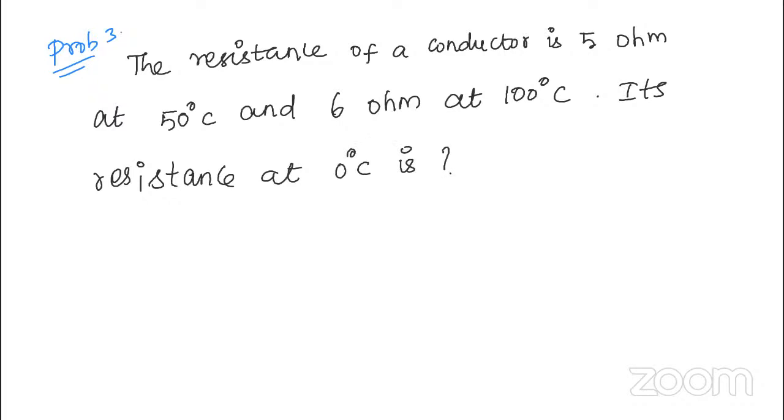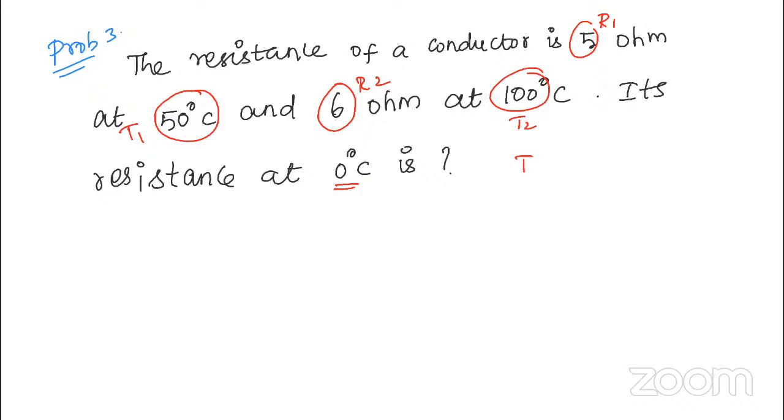So in that problem, they have given the values of T1 and R1. So here it is R1 and here it is T1. Okay, and here it is R2 and here it is T2. Okay, here the initial temperature, that is the resistance at 0 degree, what have they given? They have given the value of T naught, and the value of T naught is 0 degree.